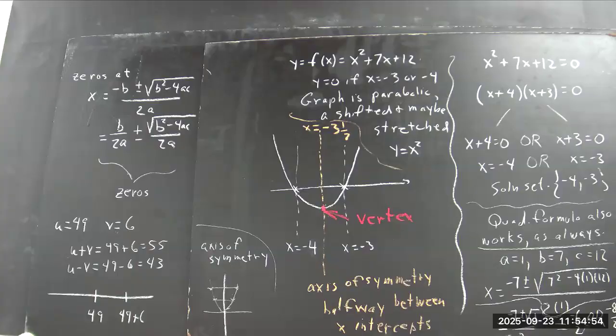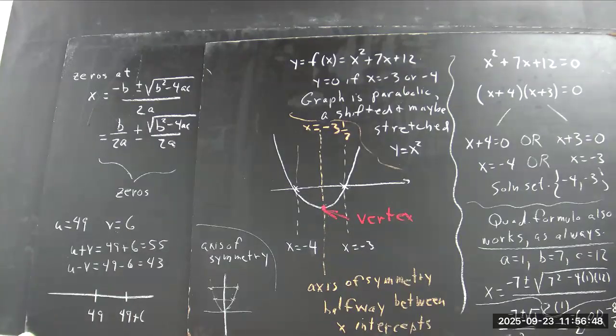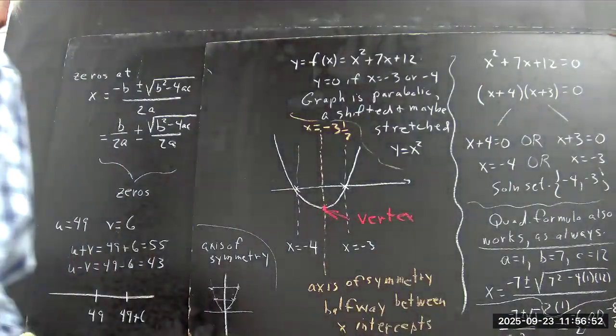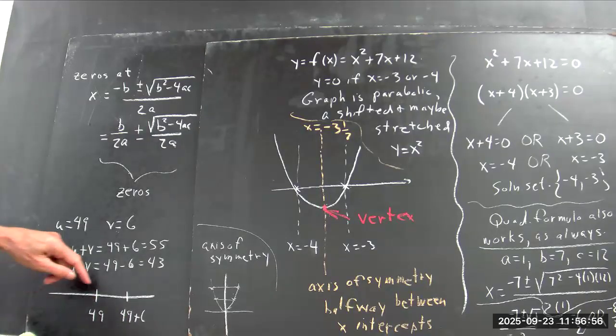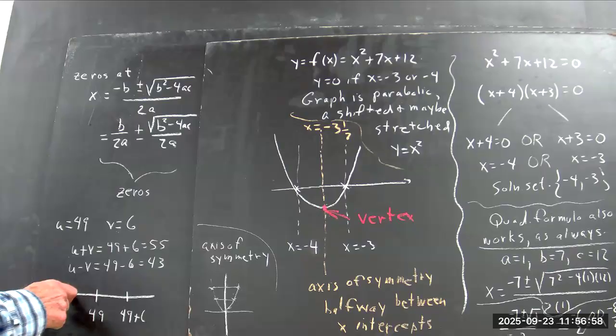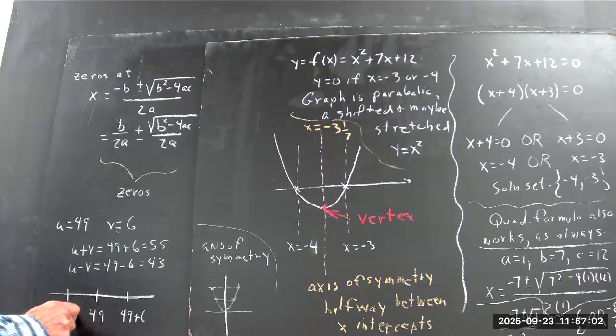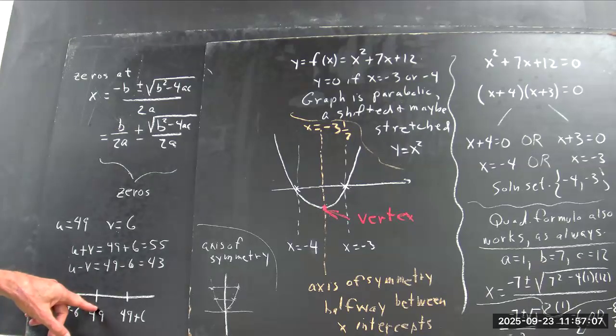And not 49 minus 6, the U minus V for your numbers. Okay, the point I need to make is that if this is 49 and this is 49 plus 6, then 49 minus 6 will be over here. And 49 is right in the middle.